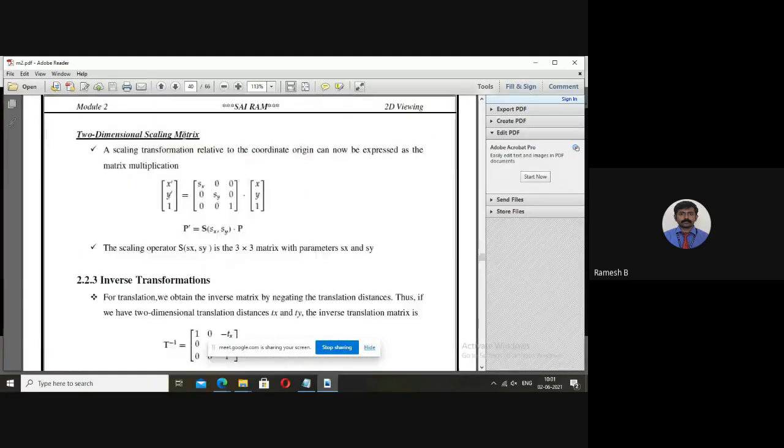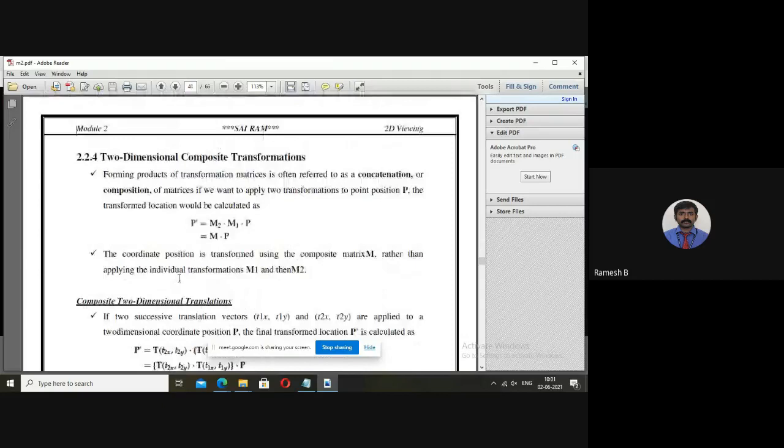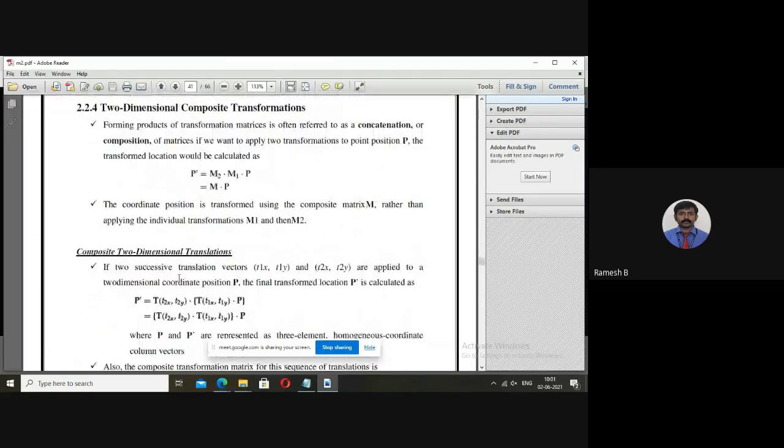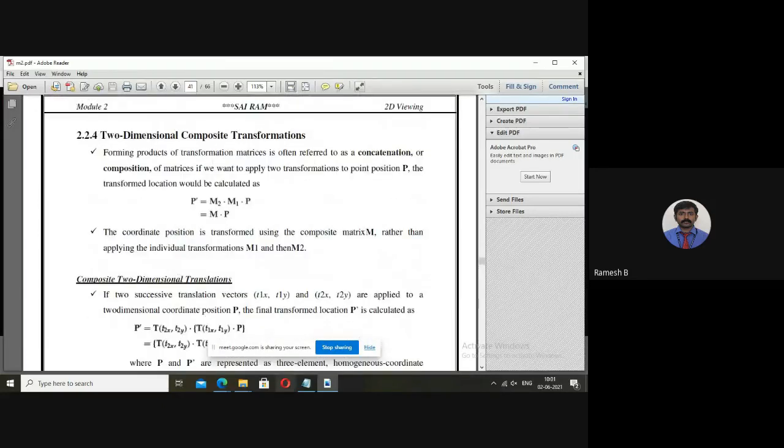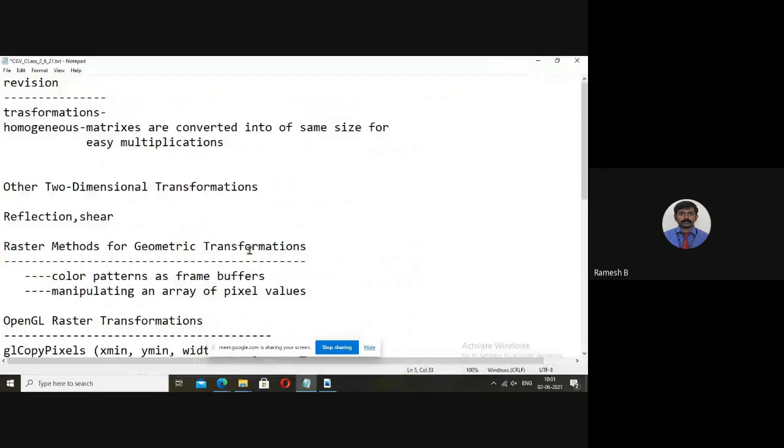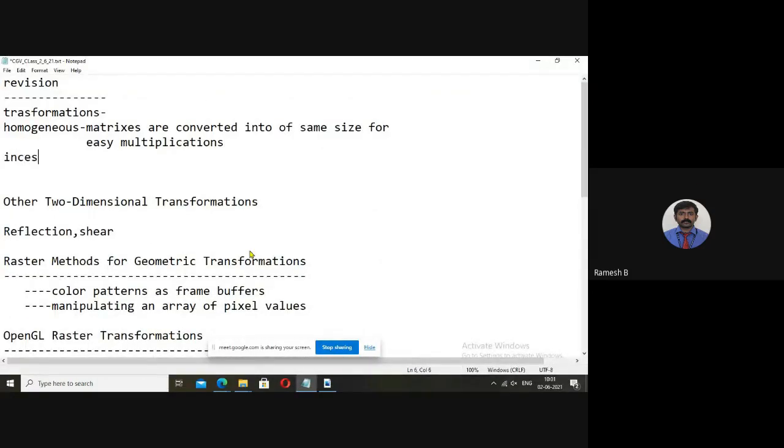In the last class, I told you about inverse transformations.